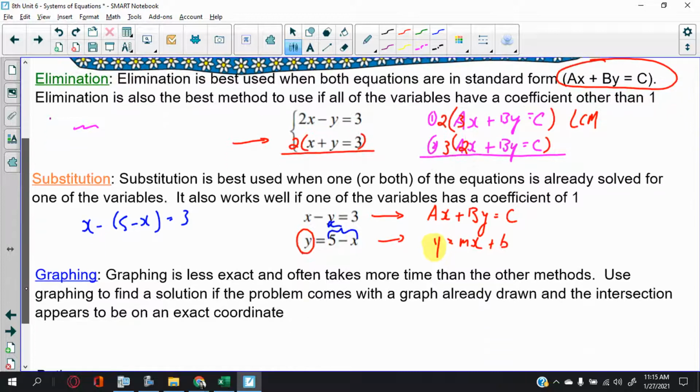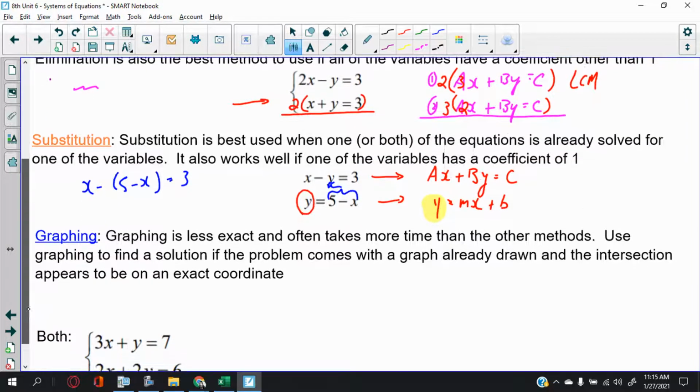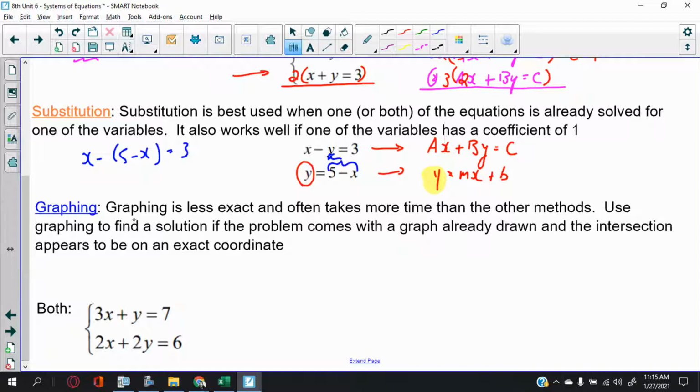And lastly, with graphing, I'm actually just going to read this to you. Graphing is less exact and takes more time. The reason is that with graphing, you need both equations to be in slope-intercept form.